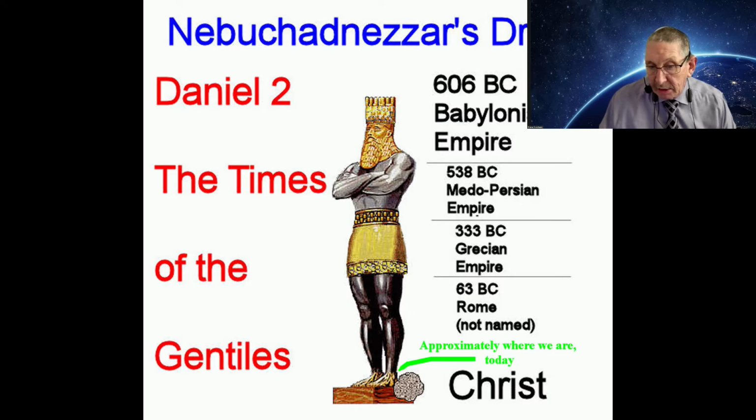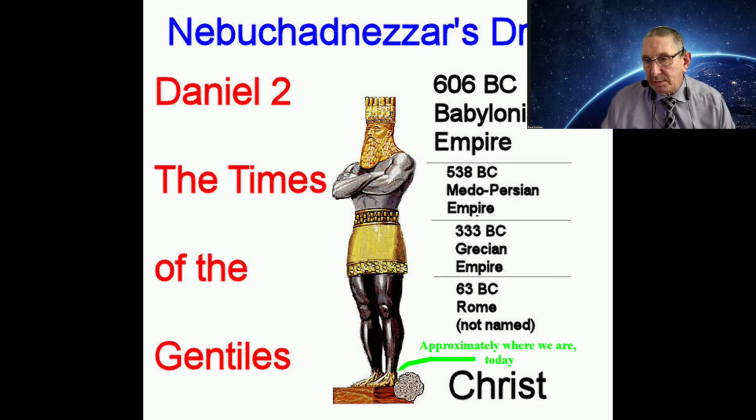And so, starting at chapter 2, we went from a Hebrew writing of Daniel into Aramaic. And the Aramaic is going to cover all the way to chapter 7. And then we go back to Hebrew again. That's how the book is divided up: the portion in Hebrew applies to the Jewish nation, and the part in Aramaic applies to the Gentile. And so it's important to realize that difference.